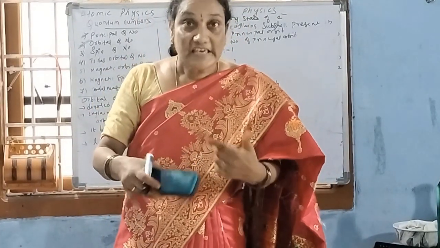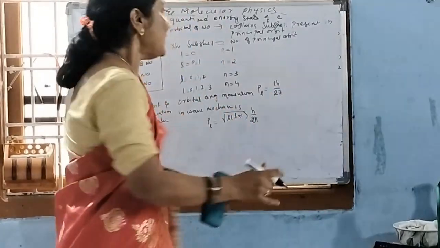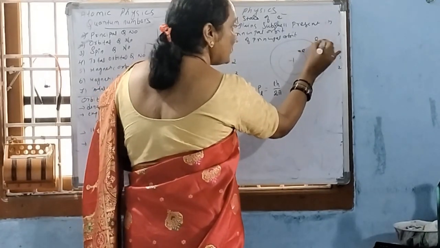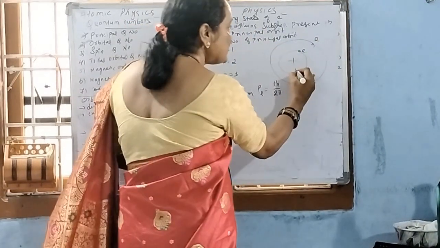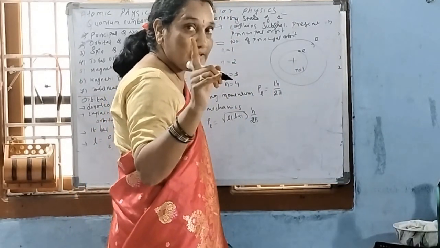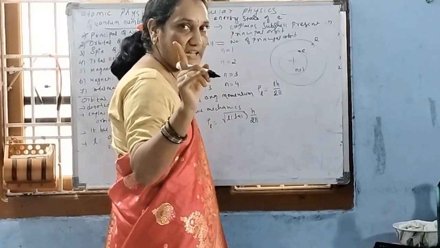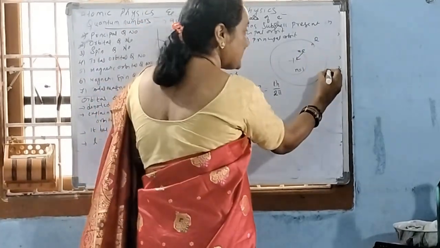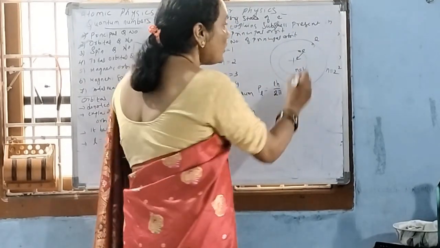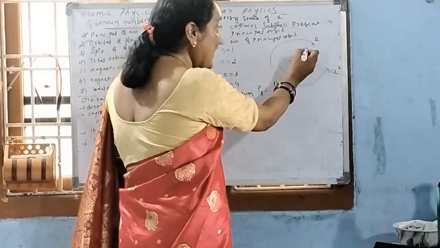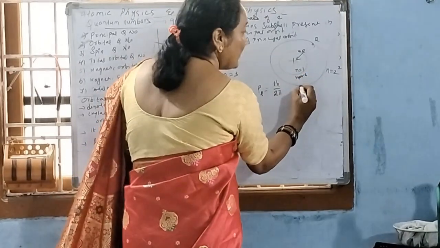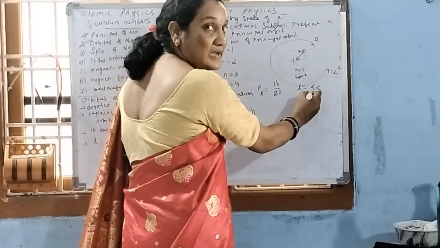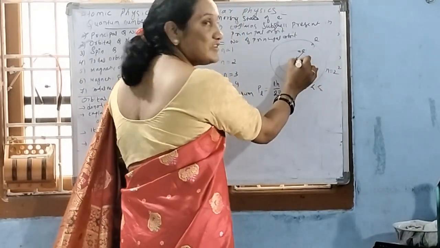Here the nucleus is there and electrons are revolving around it. For n equal to 1, there are no subshells in the first principal orbit, so it is very close to the nucleus compared to an electron in the second orbit. So the attraction or bonding between electron and nucleus will be more when L is less.